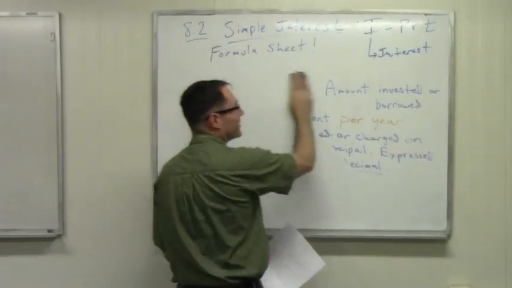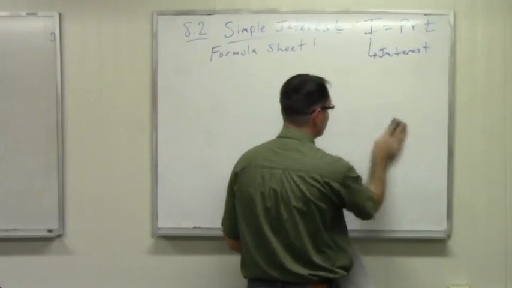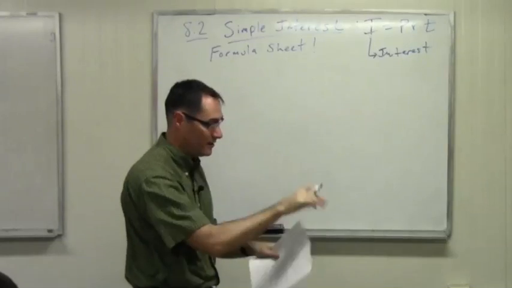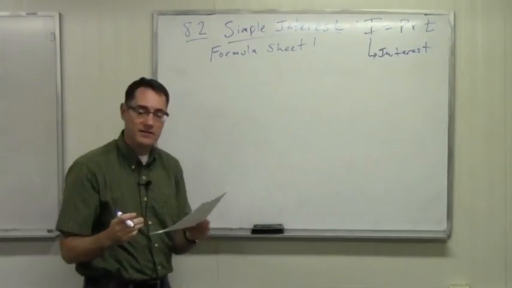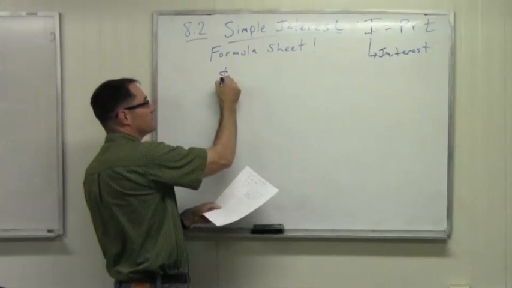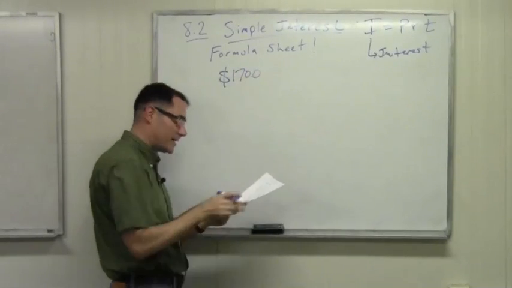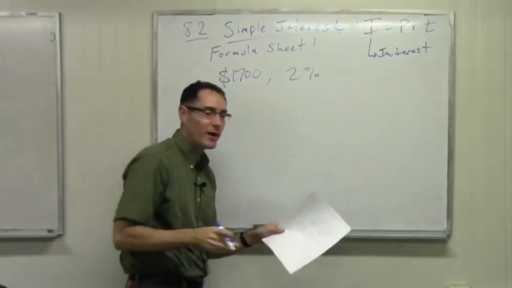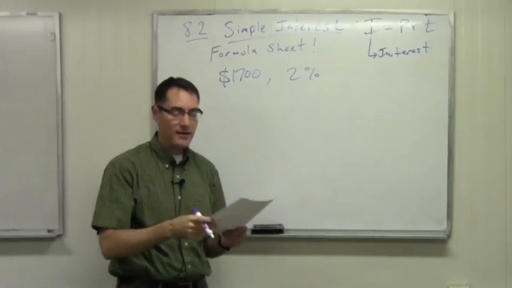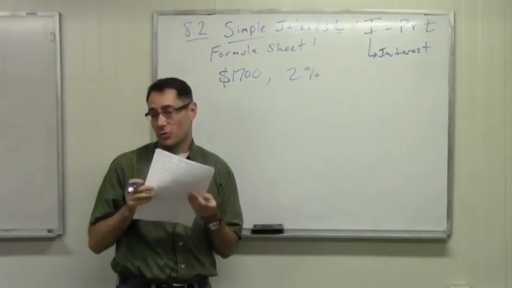So let's do a couple of quick examples. This is not hard stuff right now. I equals PRT. Bob deposits $1,700 into an account that earns 2% simple interest. Now, by the way, I'm reading this and not writing all these words down. If you want to go look at the words, because this really is a word problem, right?